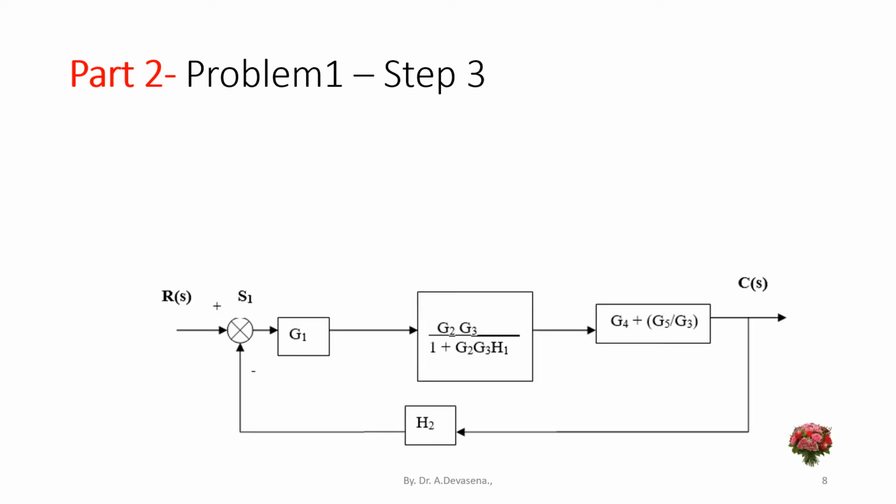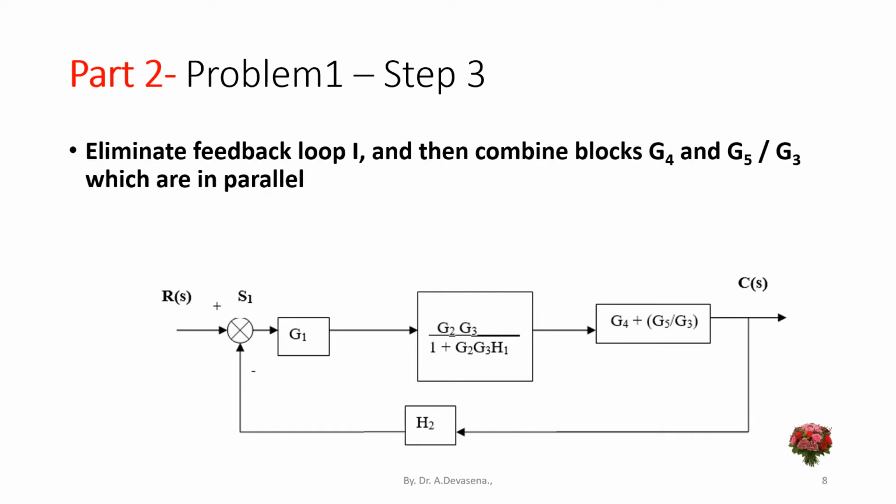We have to eliminate the feedback loop 1 and combine the blocks G4 and G5 by G3. By eliminating feedback loop 1, the summing point S2 is removed. Here a negative feedback is applied, therefore using the rule for eliminating negative feedback, the value will be G2 G3 divided by 1 plus G2 G3 H1. This is your resultant block after eliminating the negative feedback loop.